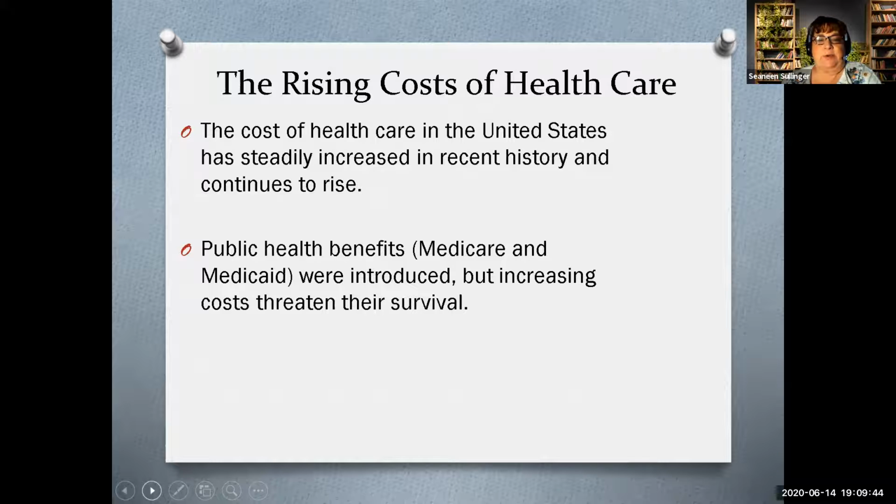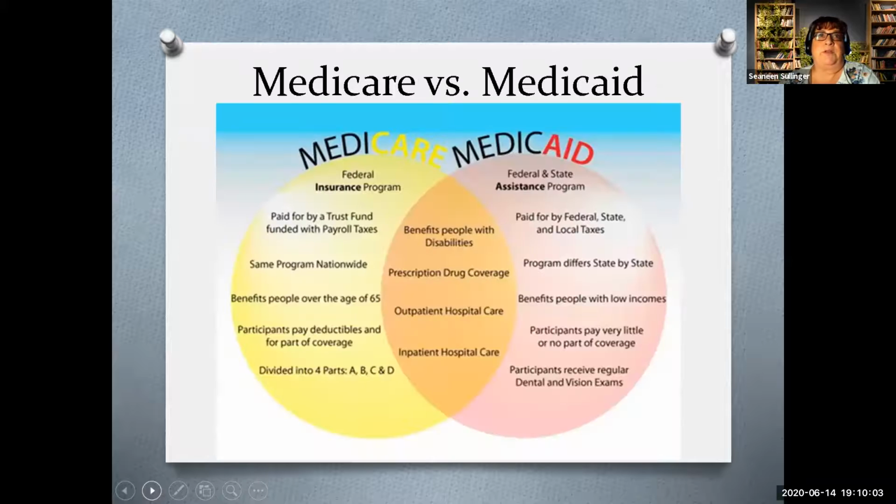Because it's a state program, the state needs the funds to continue those, and it's very difficult sometimes to get the funds, and more people are being put on those programs, not taking advantage of, but signing up for those programs. And so costs increase every year.